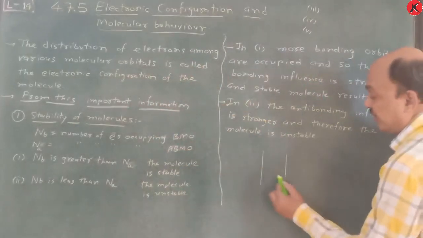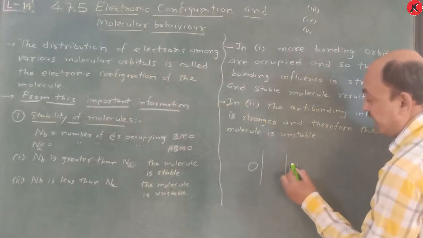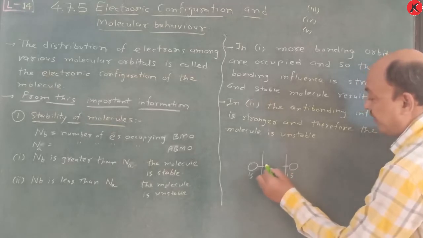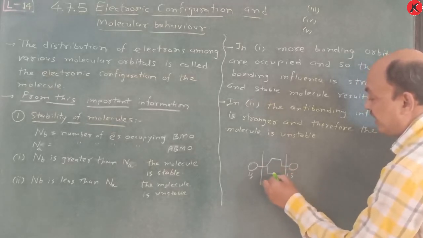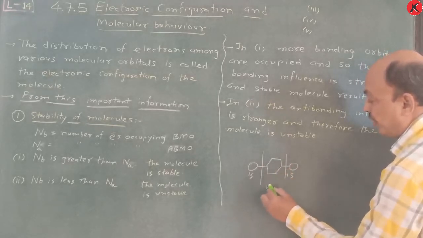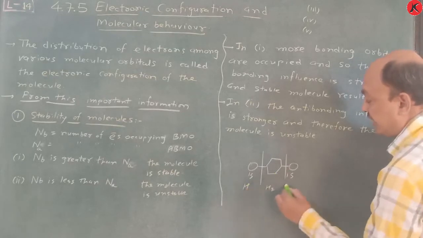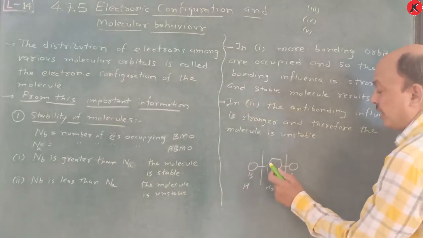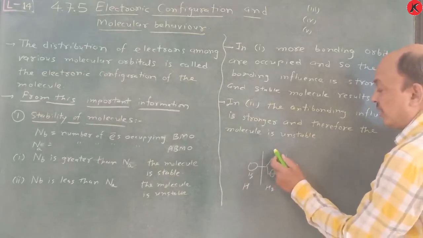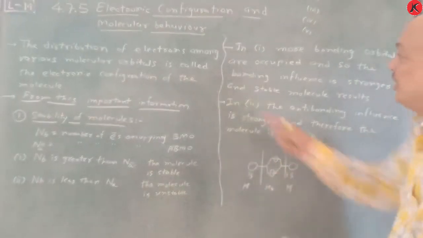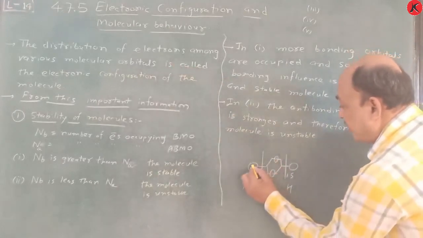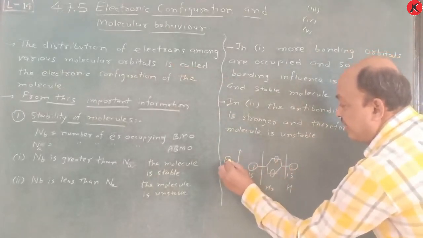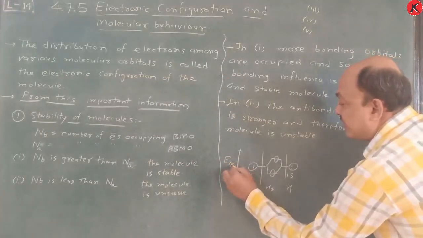Suppose we write here hydrogen, here a 1s orbital, here a 1s orbital. This is a molecule of H2, this is a hydrogen atom, this is a hydrogen atom. Now this is considered the distribution of electrons: one electron here, one electron here. Write down energy, don't forget to write this.